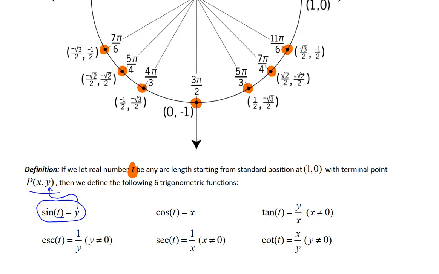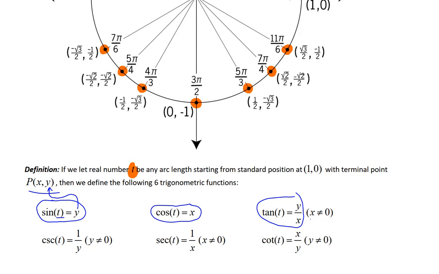I just wanted to define them here first though. Turns out cosine of t, abbreviated cos, that's the x coordinate of the terminal point. And then the tangent of t, abbreviated tan, is the ratio of y over x, the y coordinate divided by the x coordinate for whatever the terminal point is.